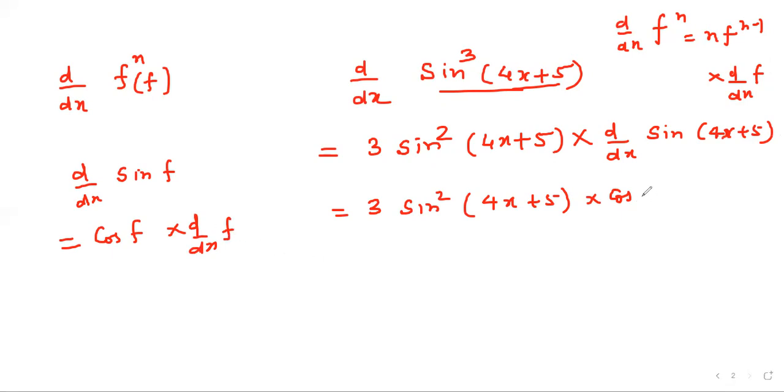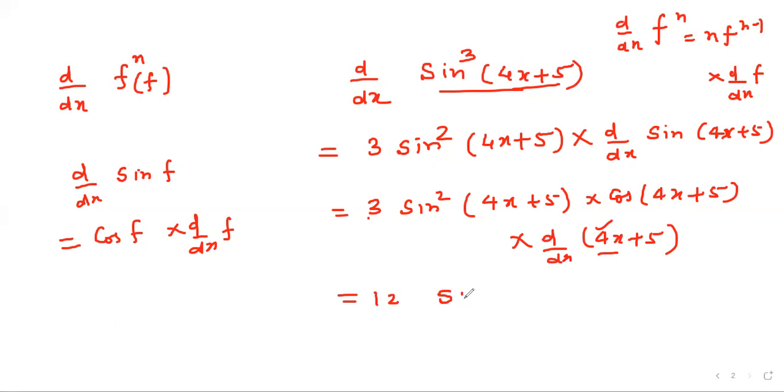Next step. So cos 4x plus 5 times d upon dx of 4x plus 5. So the derivative of 4x plus 5 will give 4. So 4 we can write in the beginning. 4 3s are 12. Sine square 4x plus 5 into cos 4x plus 5.